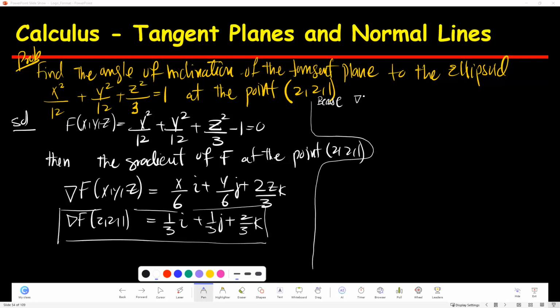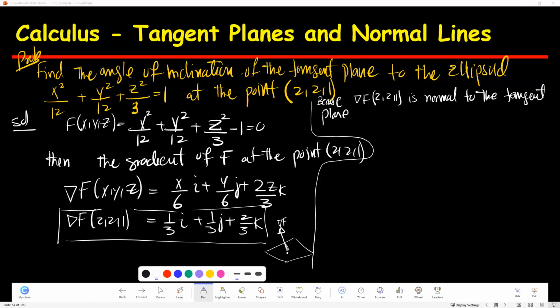Because delta f, which is at (2, 2, 1), is normal to the tangent plane. So let's suppose this is a plane, whatever plane it is. This delta f vector will basically look like this. That is my gradient.